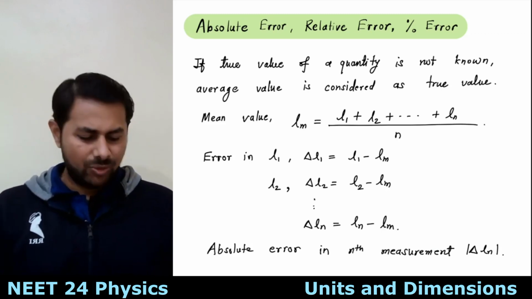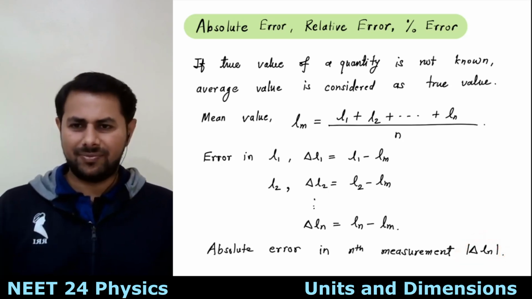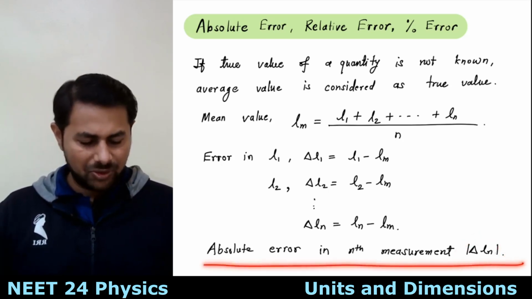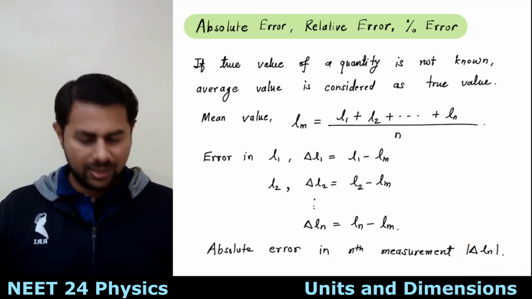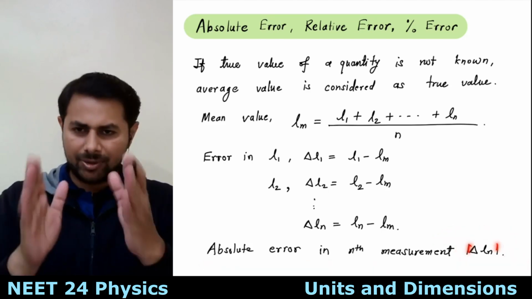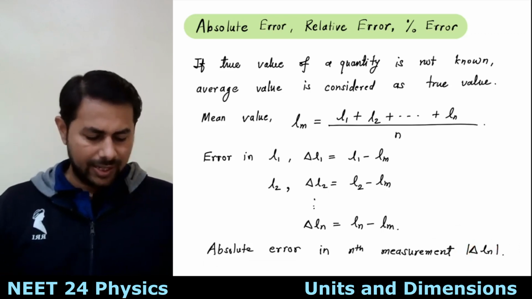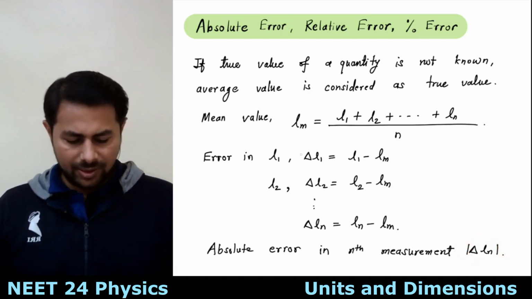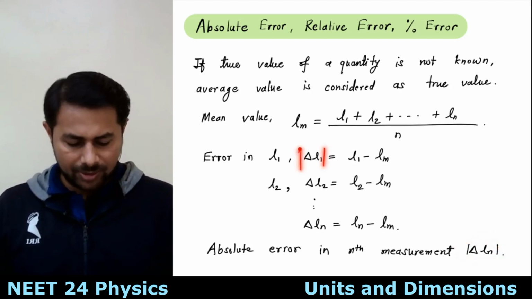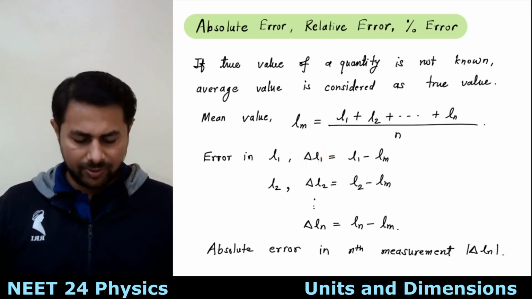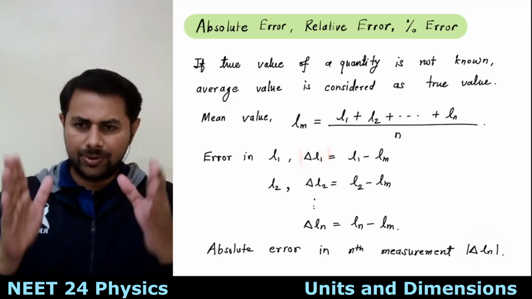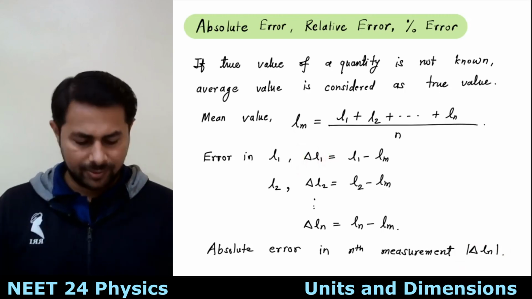So we take the absolute value of the error. Absolute error is represented like this, with the absolute value symbol, two lines, right? You know that. So in any measurement, in L1 for example, the absolute error would be written like this.